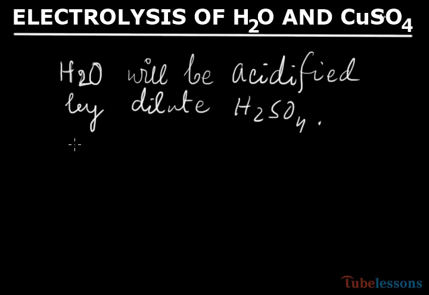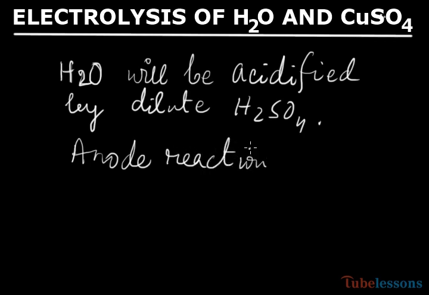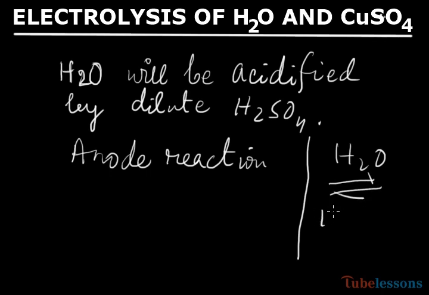Initially, you see the anode reaction. First, water gets ionized to form H+ and OH- ions. And these OH- ions, being negative ions, migrate to the anode.